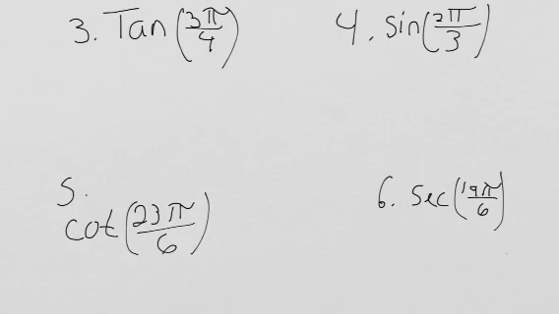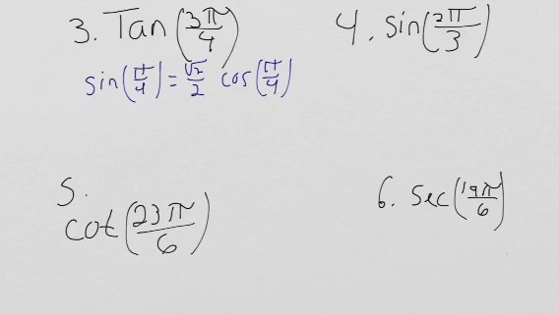So remember that you're going to have to be able to recreate the first quadrant of the unit circle. When you do that, you're going to find out that sine of pi over 4 equals square root 2 over 2, and cosine of pi over 4 equals square root 2 over 2.